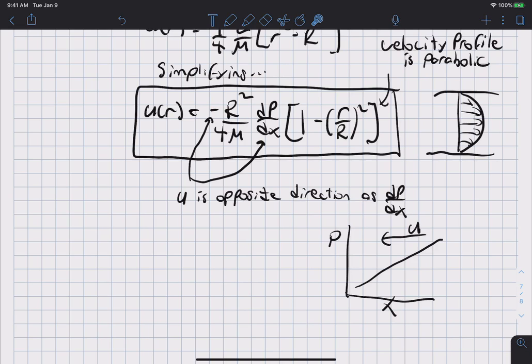Intuitively, you would expect the flow to go from the region of high pressure to low pressure. I will end this lecture here, and we will start working with this profile a little bit.